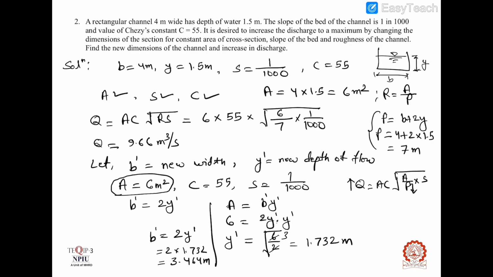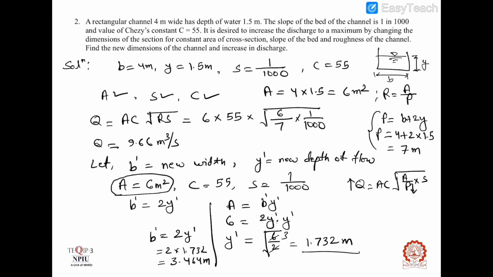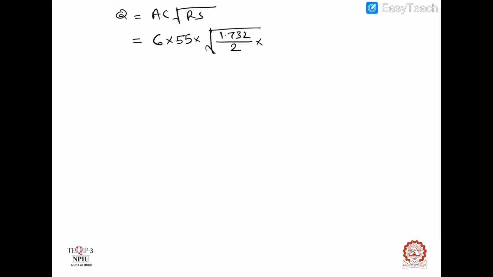And what is Y dash here? Y dash is 1.732. 1.732 divided by 2 multiplied by S is 1/1000. So in this condition, after solving this equation, the new maximum discharge Q dash is 9.71 meter cube per second.